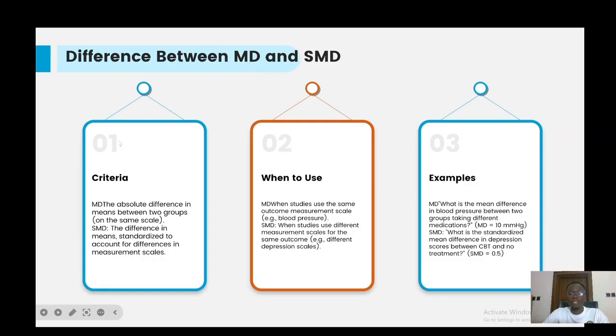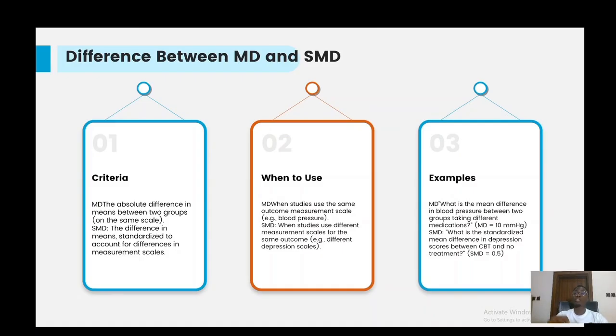Now, the difference between the mean difference and the standardized mean difference is that the mean difference is usually an absolute difference in the means between the two groups. The standardized mean difference is used whenever there are varied measurement scales.